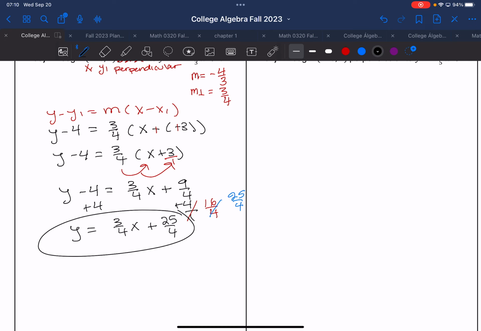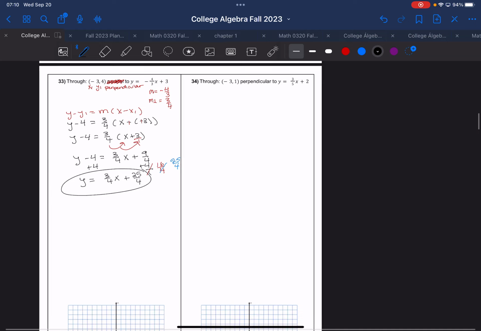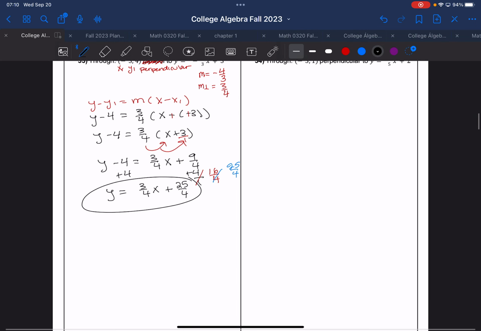Instead of graphing the last of these problems, we're going to be turning them into standard form. So that needs more practice than the graphing. So right here in our work, we have this equation here. That is our point slope form.